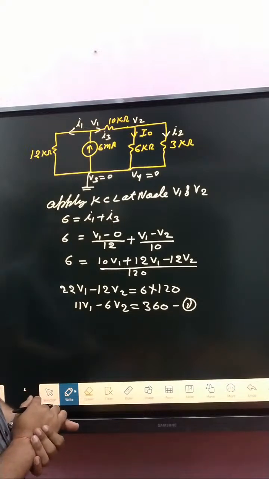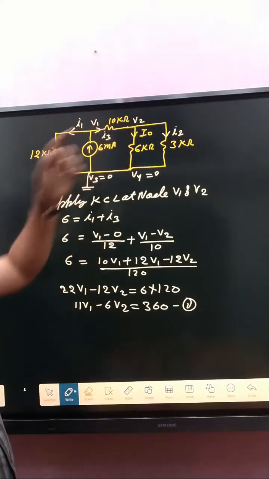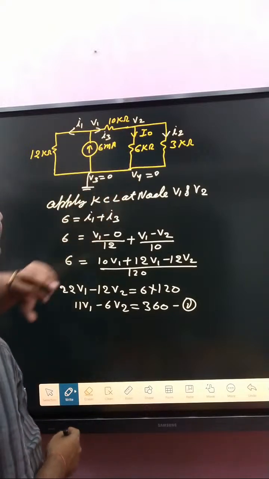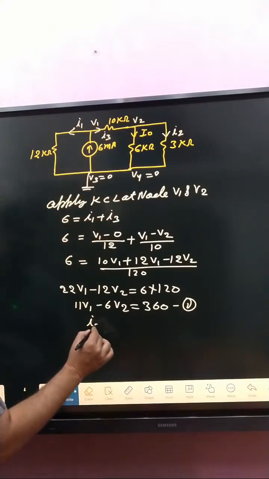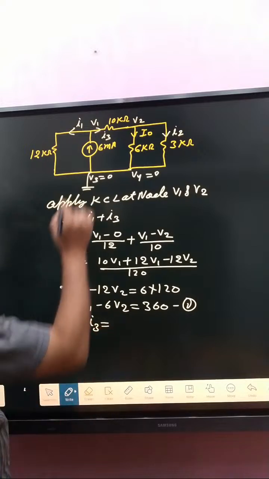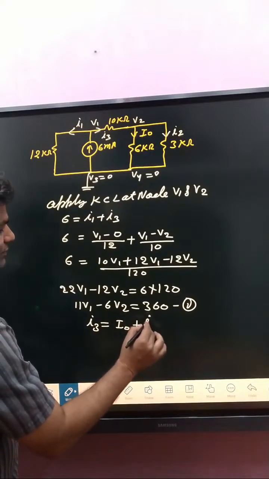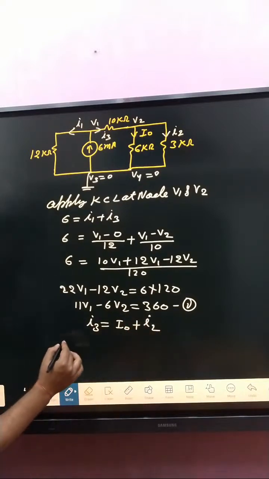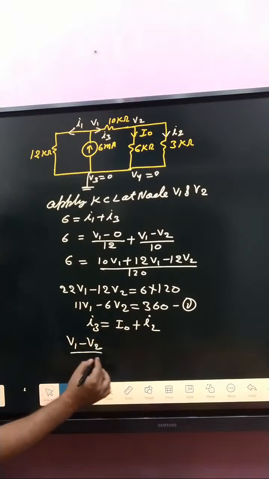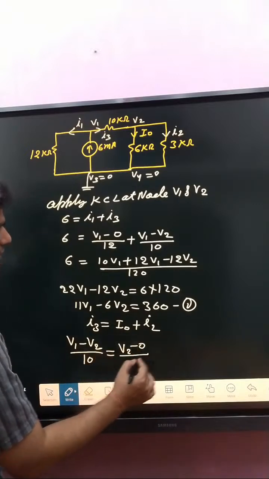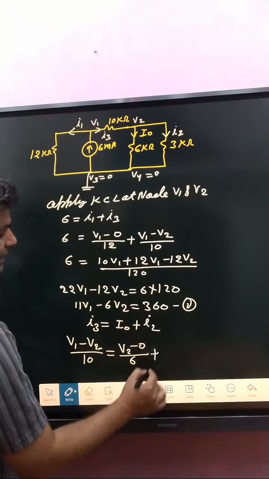After that, apply KCL at the other node. Everyone apply KCL at that node. Incoming current I3 equals outgoing current I0 plus I2. I3 is V1 minus V2 divided by 10 kilo ohm. I0 is V2 minus 0 divided by 6.